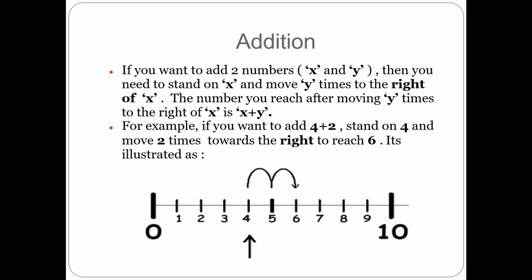One step is 5 and again one step to the right will be 6. So 4 plus 2 will be 6. If you have to move 5 steps right, that is 5 plus 5. So you move 5 steps from 5 and you will reach 10. So the result will be 10.